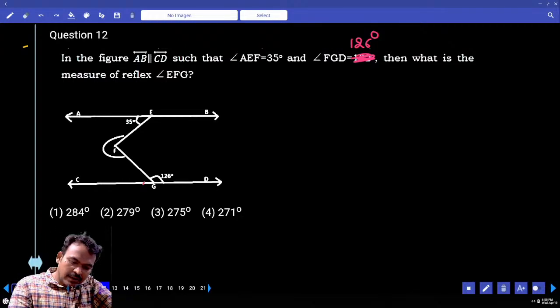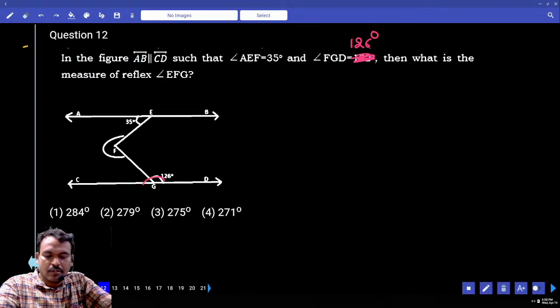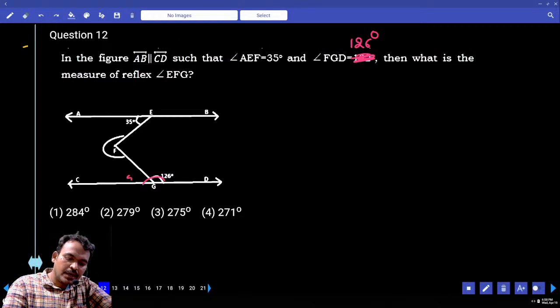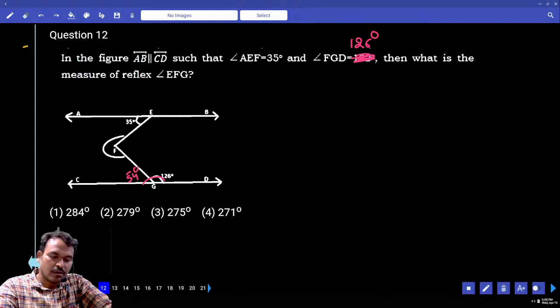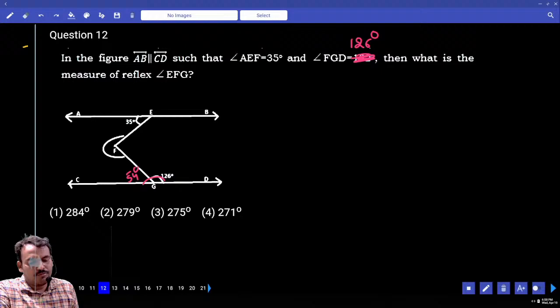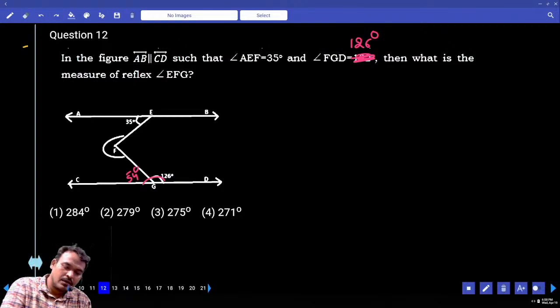What is the total value at G? 180. In that, 126 is complete. What is the remaining? 54. 54 plus 35 is 89.